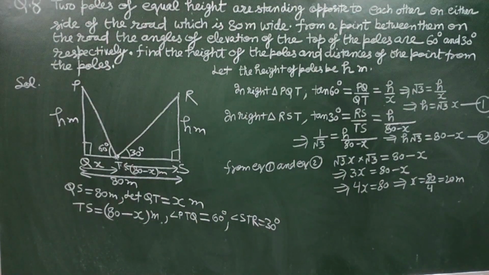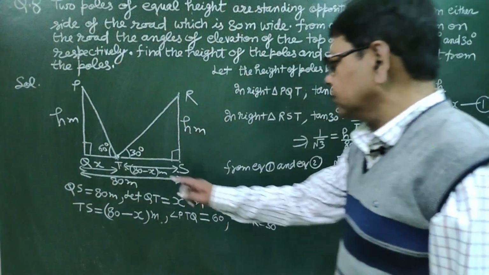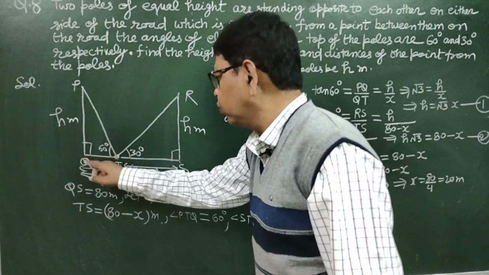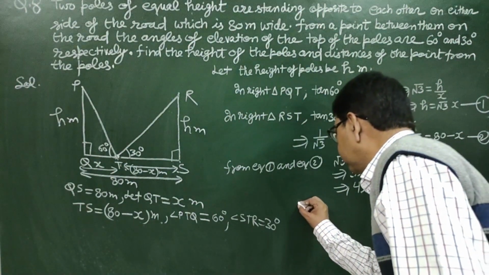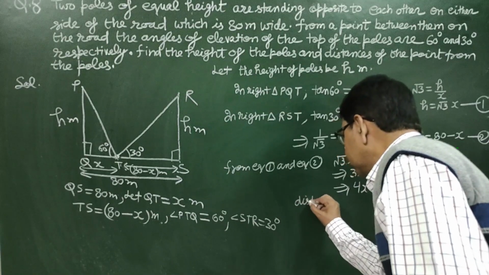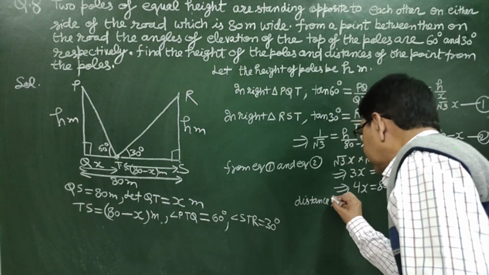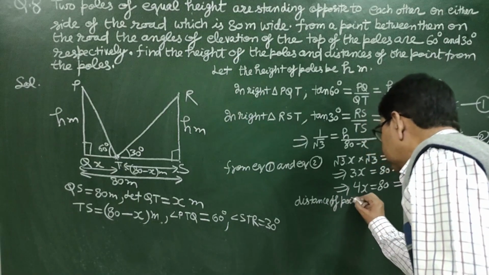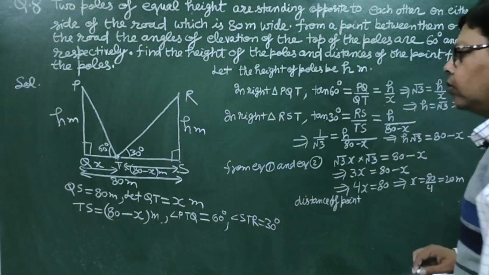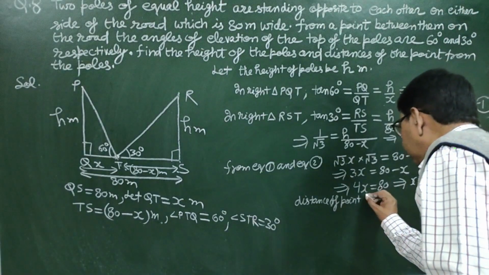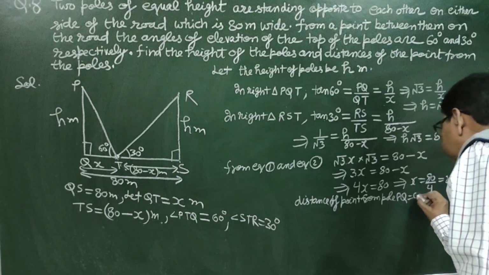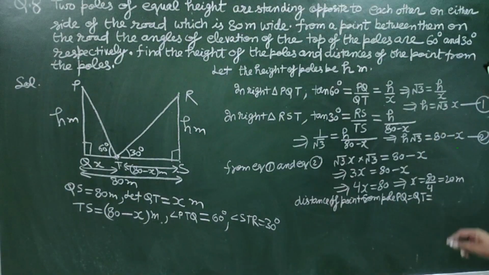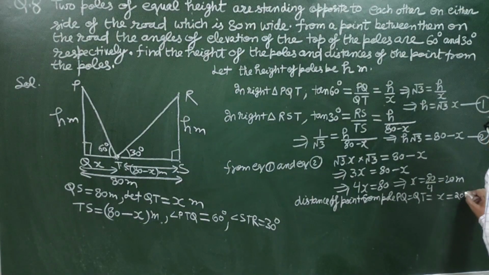So now we have got the value of x. The value of x, that is QT, is the distance of point T from pole PQ, which is equal to x, which is 20 meters.